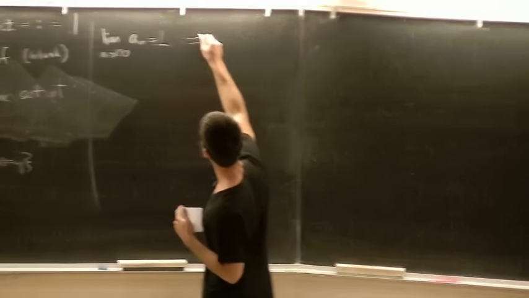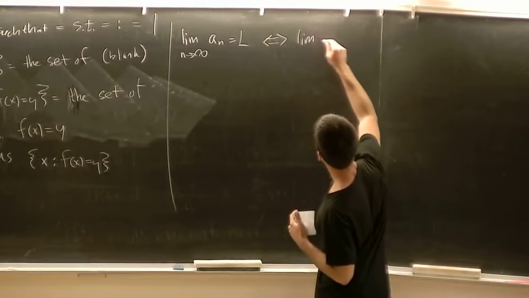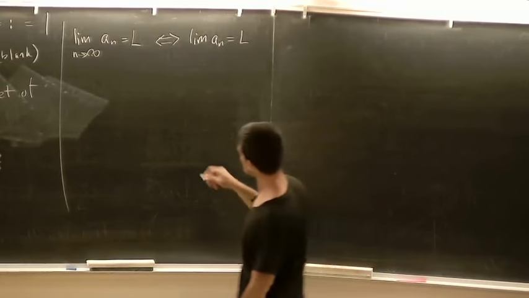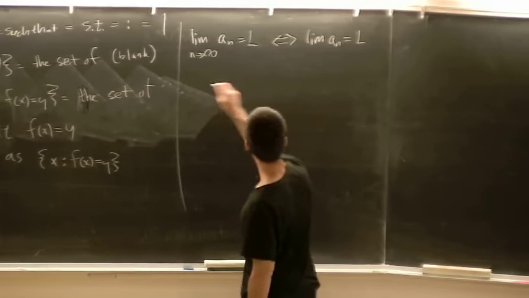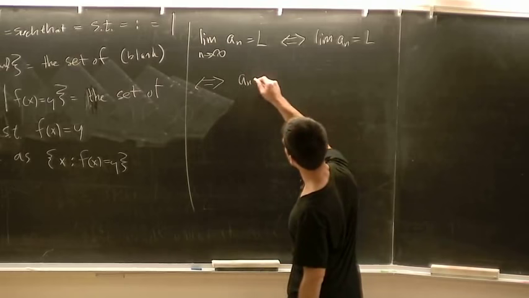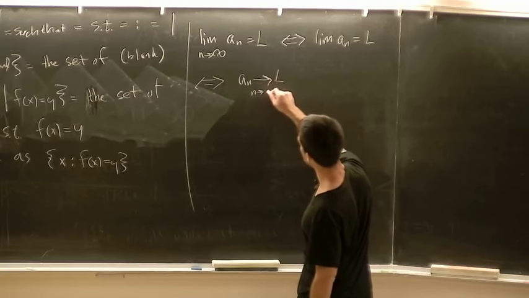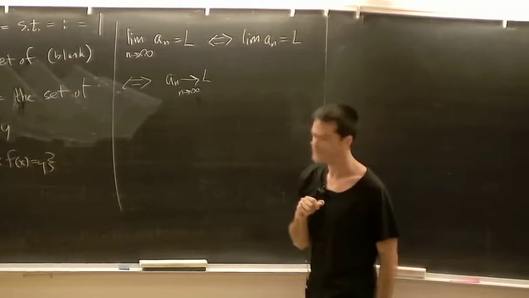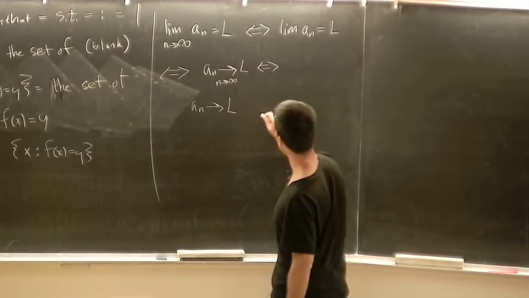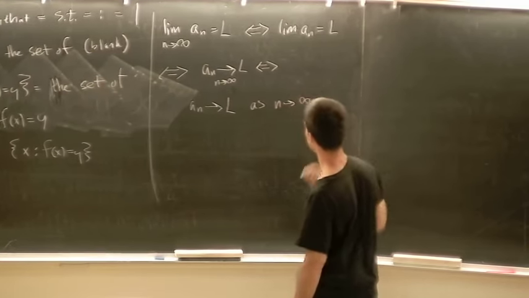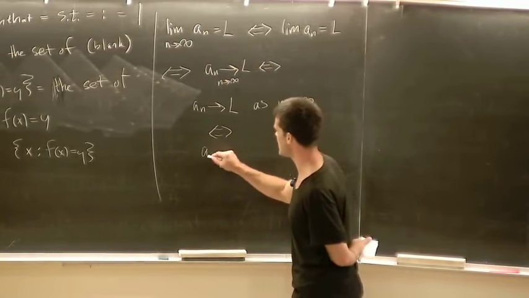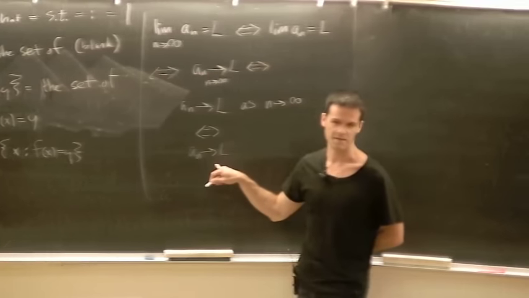So sometimes we might just say limit a_n equals L. Sometimes we might write it like this: a_n goes to L, and then we write n goes to infinity. Sometimes we might write a_n goes to L and then just say as n goes to infinity. If we're really lazy, we'll just say a_n goes to L.